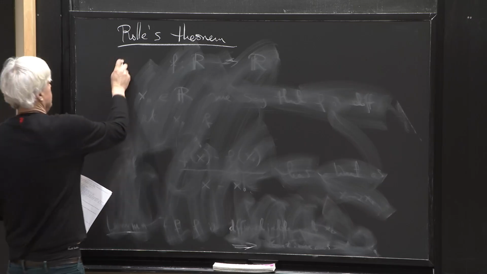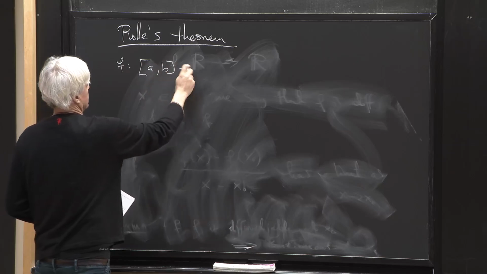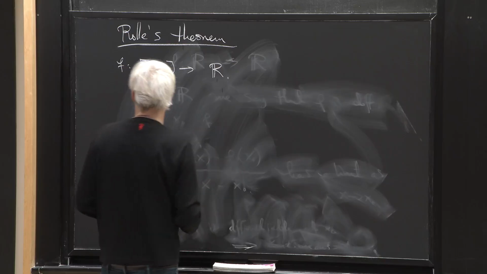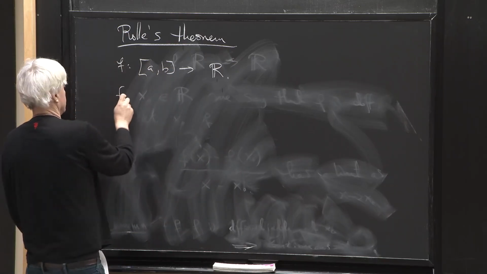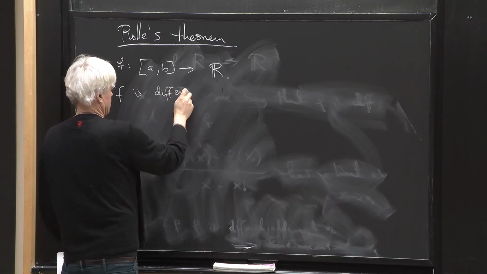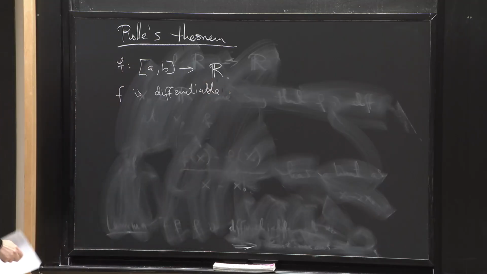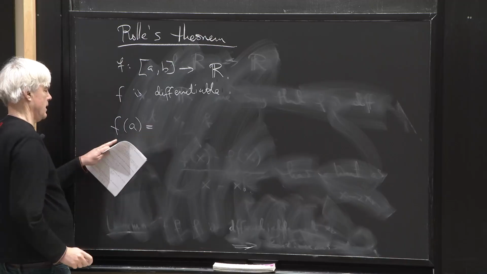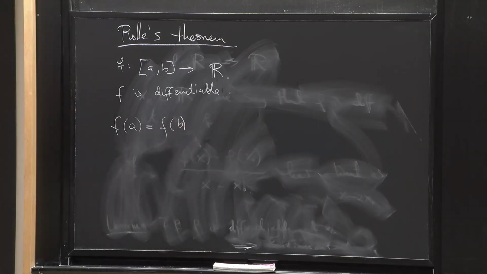I have a function f from a to b into R, and I'm assuming that f is differentiable. And I'm also assuming that the value initially and the value at the end, those two values, are the same.